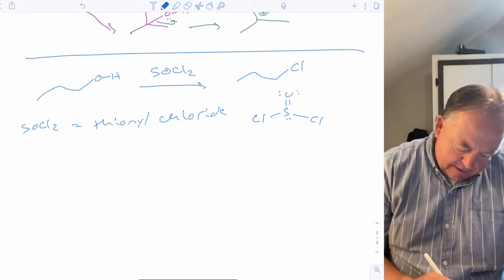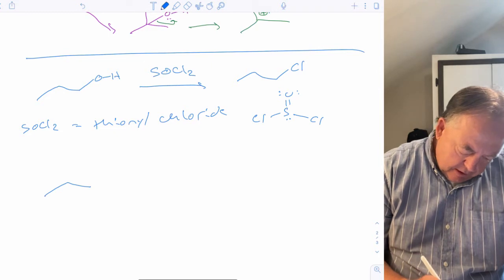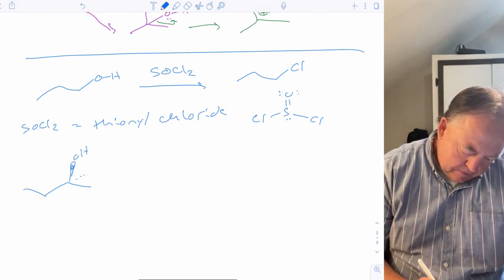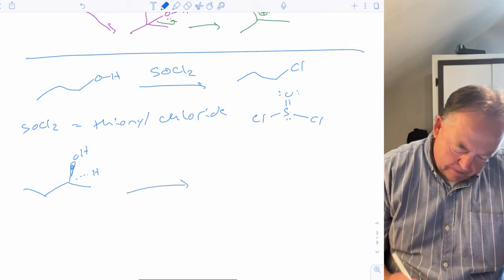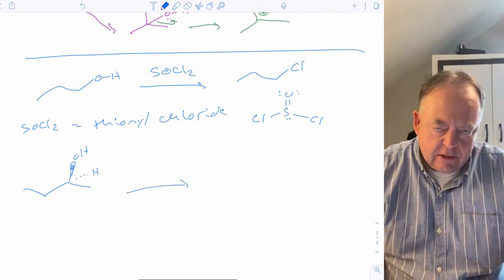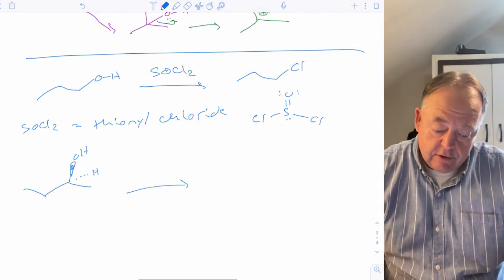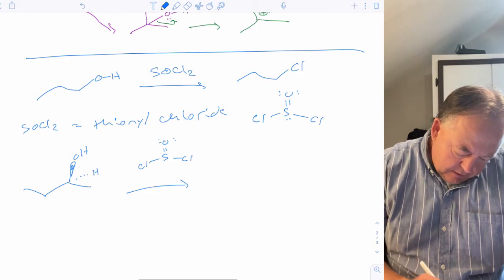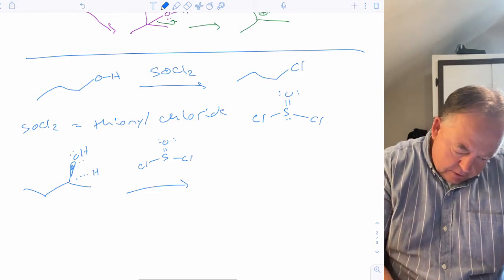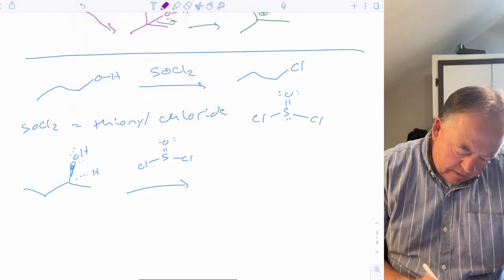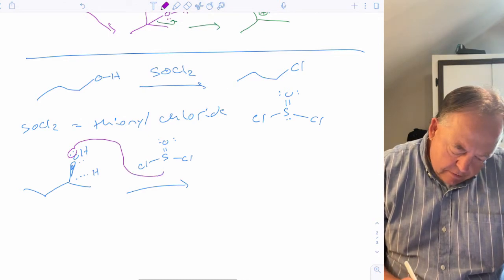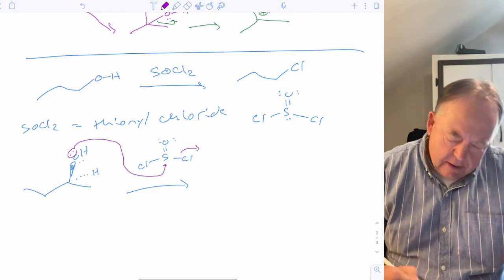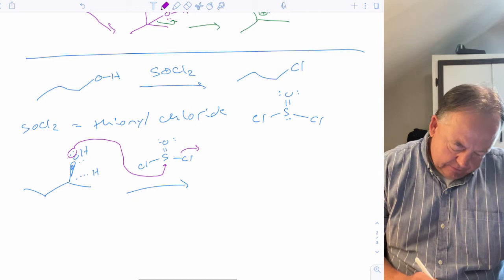But if we look at the mechanism for this reaction, it's particularly interesting if you do the reaction at a chiral center. So what happens is we take a lone pair of electrons on oxygen, make a bond to sulfur, and that kicks one of the chlorines off.